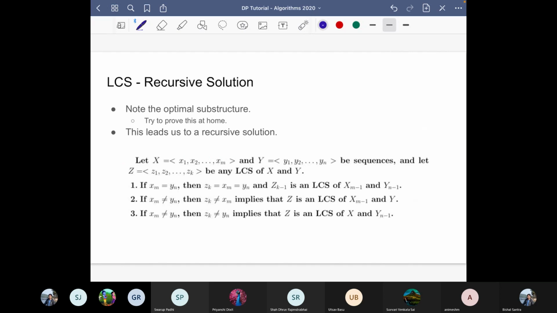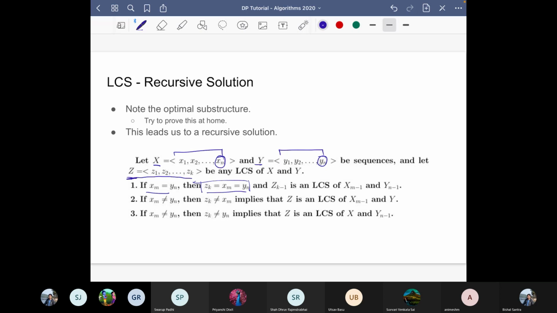So first, to construct the recursive solution, we need to look at the optimal substructure property that can hold between the input sequences X and Y and one of their LCS, Z. The first property that you can notice is, if you have been given a longest common subsequence Z of length K, and the inputs are of length M and N, then the first case is that if the final letters of the input sequences are the same, so xm is equal to yn, then the last letter of this LCS will be the same as this.